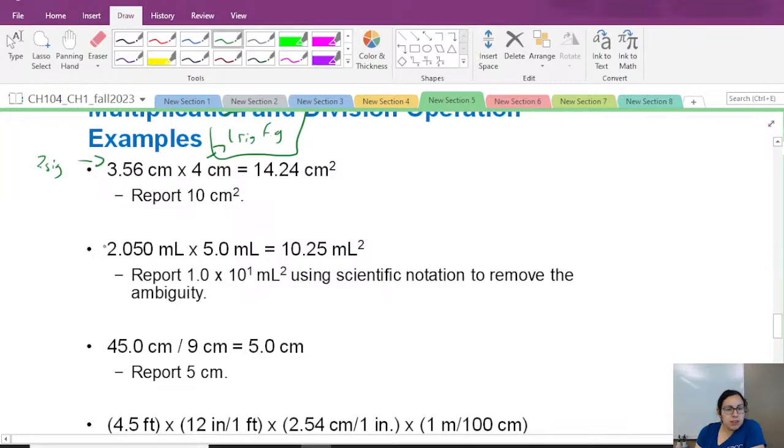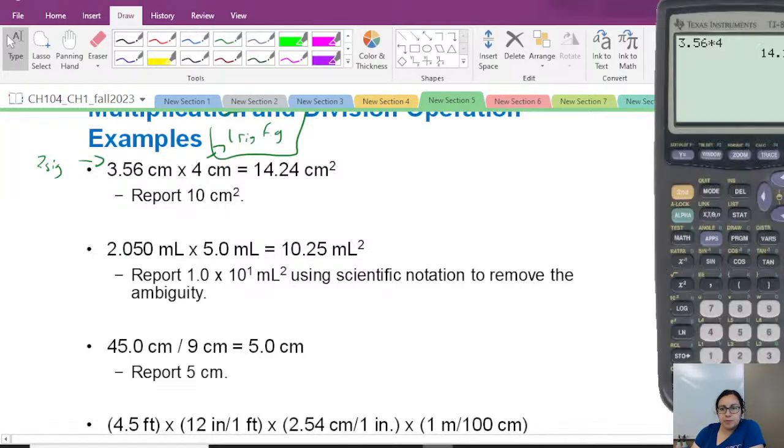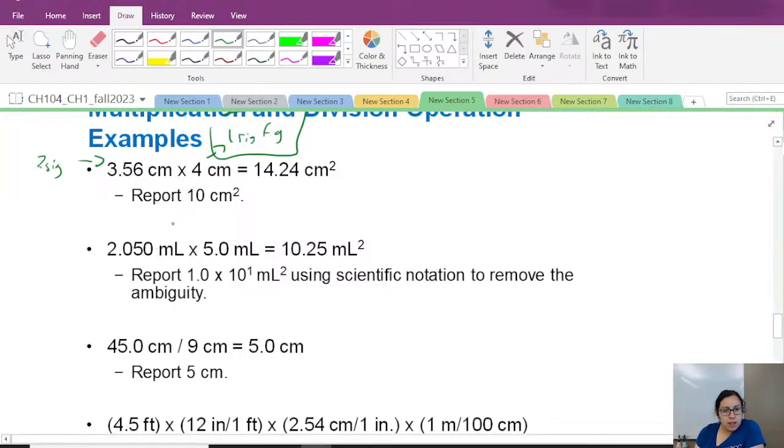Now same thing, let's try this one and look at the calculator. So 2.050 times 5. Again, we're limited by this one to 2 sig figs.